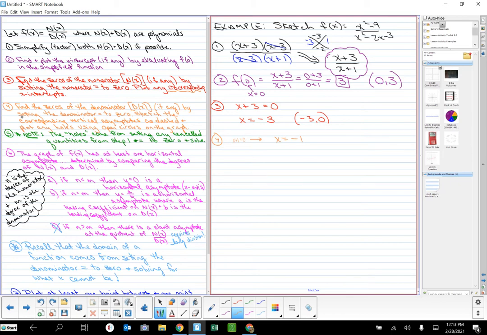And this says, going back to the step over here, sketch the corresponding vertical asymptote. So I have a vertical line on my graph at x equals minus 1.